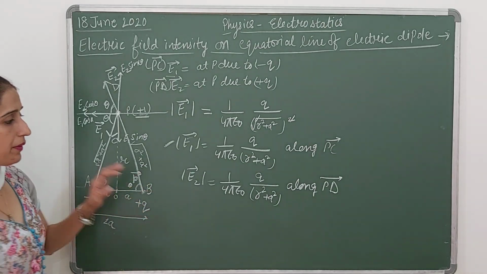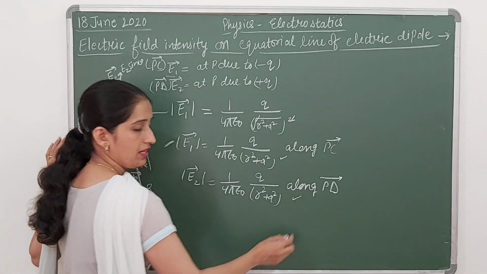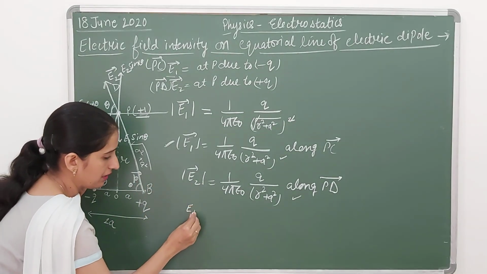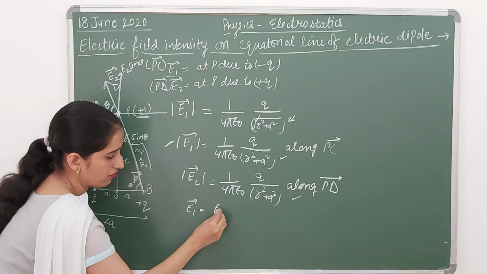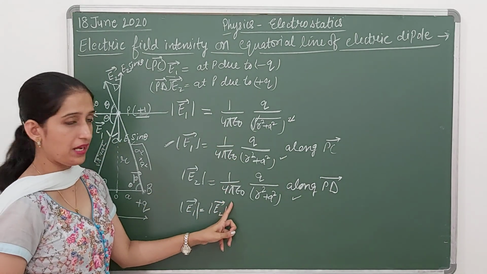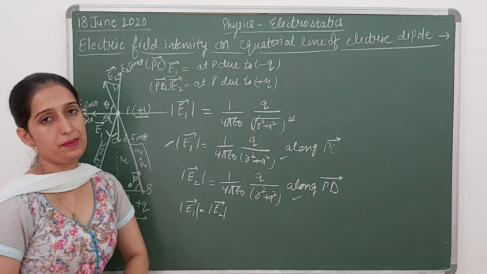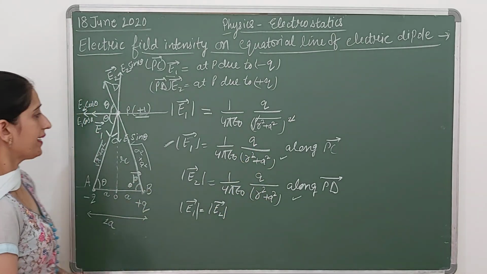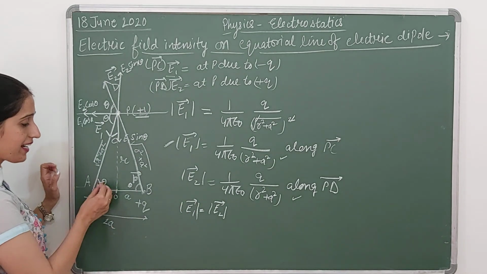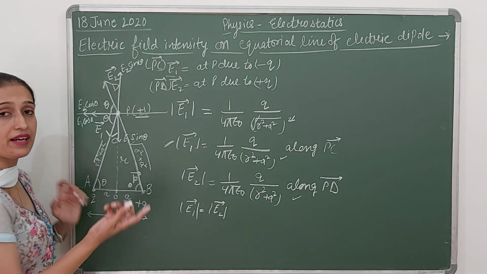If we compare these two equations and check their magnitudes, both are equal. E1 is equal to E2, which is 1 by 4 pi epsilon naught Q upon R square plus A square. Theta is also equal because these two triangles are similar.